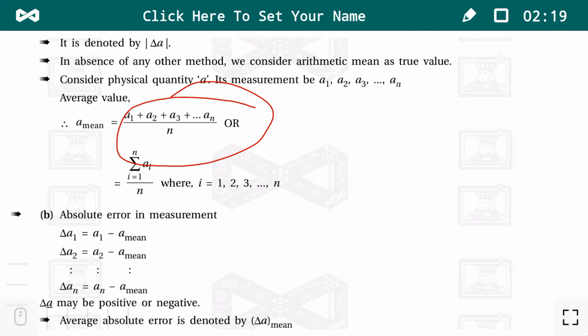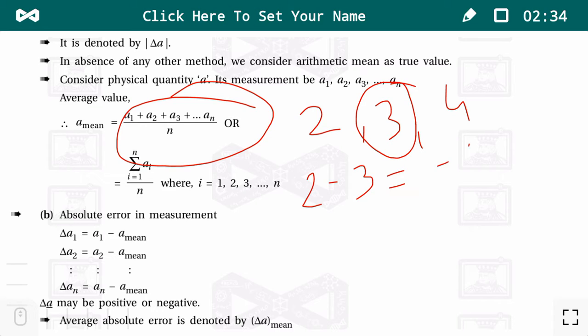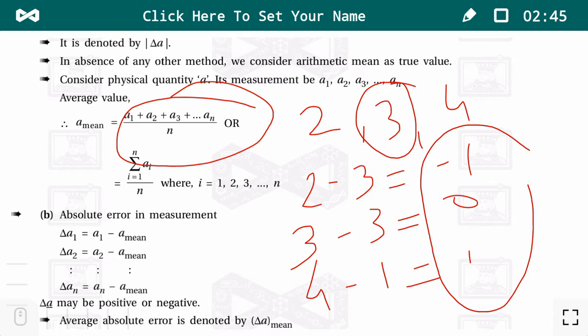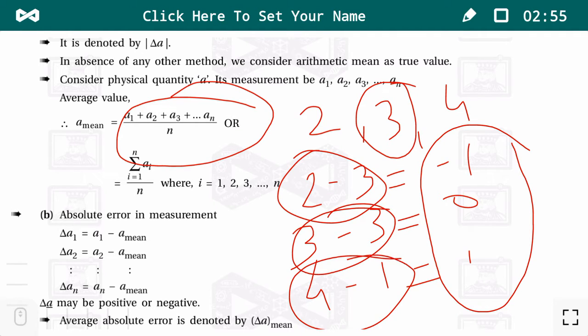And for the absolute error of 2, 3 and 4, we have mean 3. So 2 minus 3 is equal to minus 1, 3 minus 3 is equal to 0, and 4 minus 3 is equal to 1. These three numbers are the absolute errors in measurement. For each one you can find the absolute error.